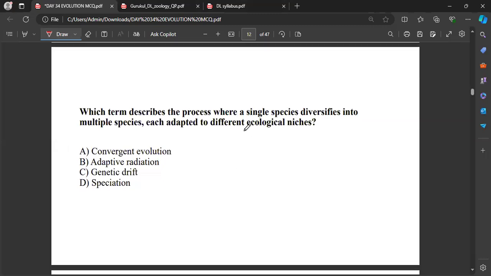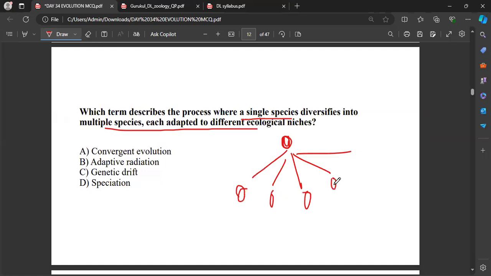Which term describes the process where a single species diverges into multiple species, each adapted to a different ecological niche? See, here they are asking about a single species getting diverged into multiple species based on different ecological niches. What will be the name of that radiation or evolution? Is that option A? Don't give me a wrong answer for this question.